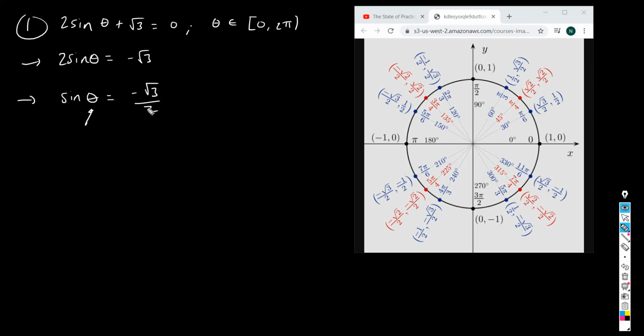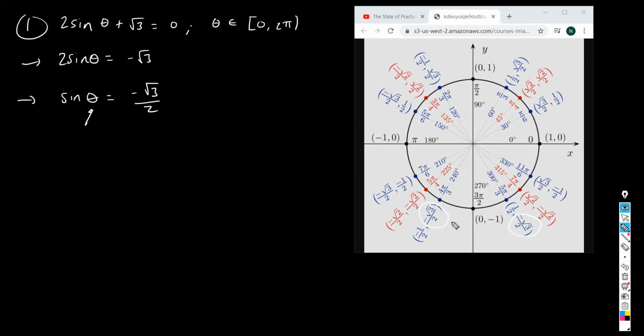Since that is a negative y-coordinate, I should look below the x-axis. Let's look. I have already one here, can you see? And the other is, no, I'm sorry, this is the x-coordinate. Getting confused. This is the y-coordinate, and it's minus the square root of 3 over 2, which is what I want. And this is the other one.